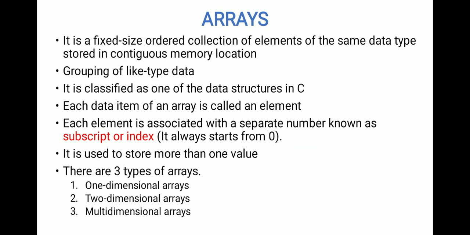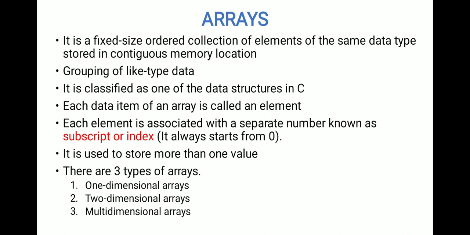To process such a large amount of data, we need a powerful data type. That's why we are introducing a derived data type, which is also known as arrays. So instead of using the fundamental data types integer, character, float or double, we are going to use a derived data type. Let's see what an array is.